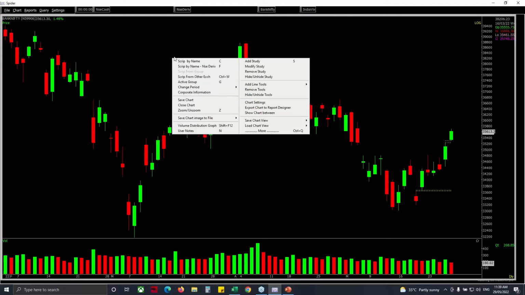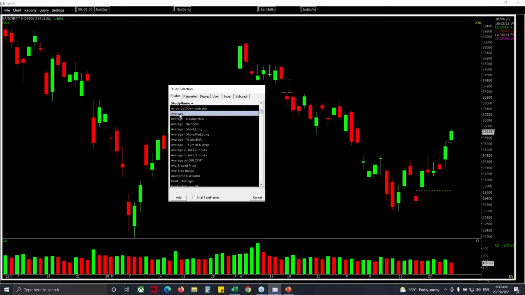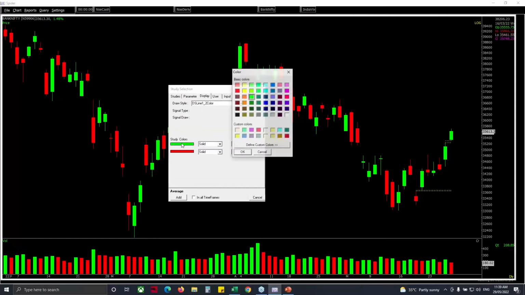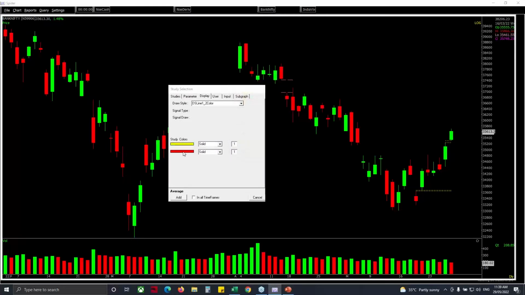Now, as we had checked in Nifty, let us check our exponential moving average of 21 on Bank Nifty as well, which might give us a clearer idea.